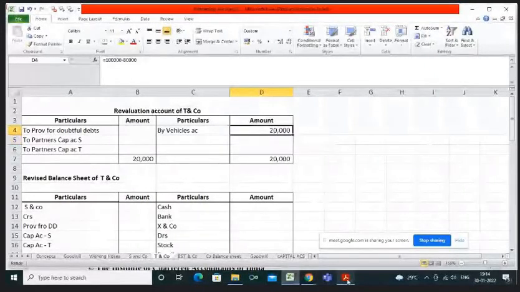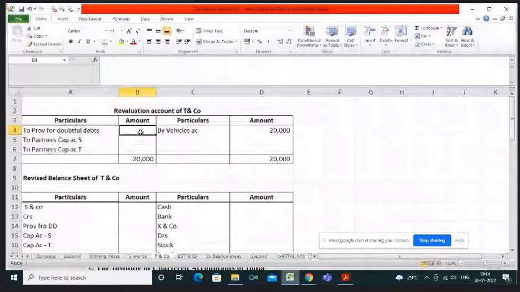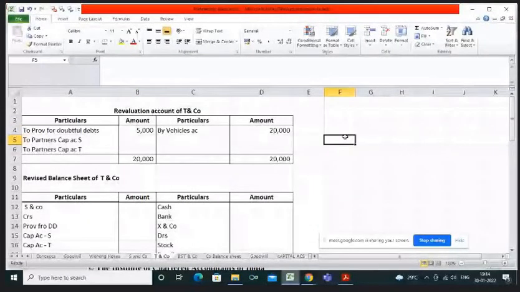Any more adjustment? Yes. We have to create a provision for doubtful debts, which will reduce our revaluation profit by 5,000. So what will be the total revaluation profit? 20 minus 5. It will be 15,000.